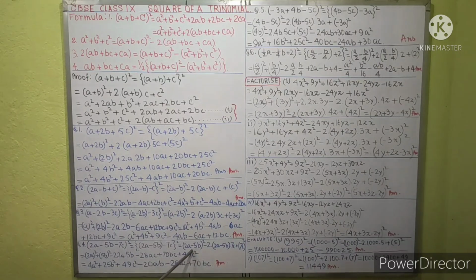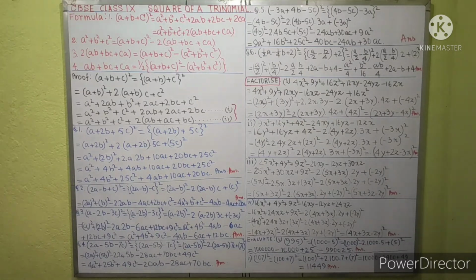Again, this is (A minus B) whole square, so it is A square plus B square minus 2AB, and by multiplying all these we are getting 28AC and 70BC and (7C) whole square, that is 49C square. Arranging these, we are getting 4A square plus 25B square plus 49C square minus 20AB minus 28AC plus 70BC. This is the answer to question number 4.